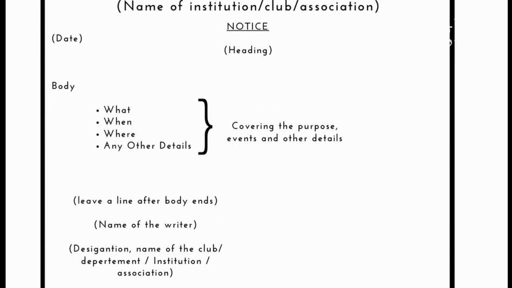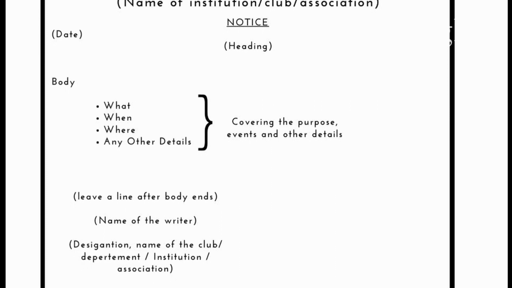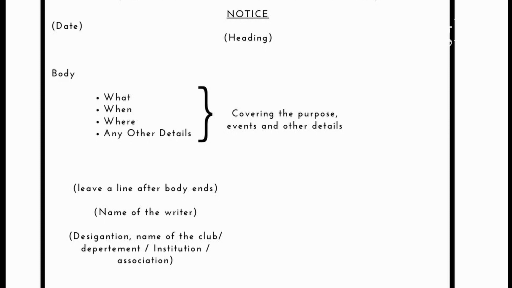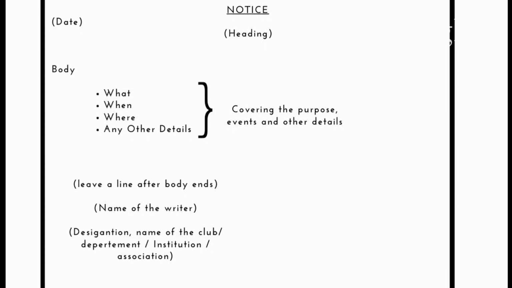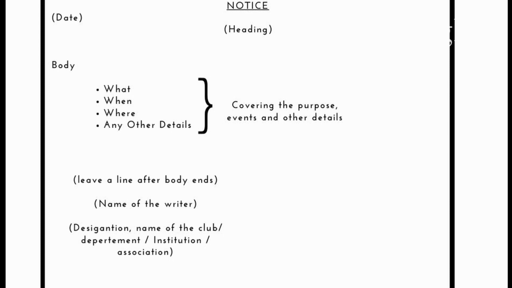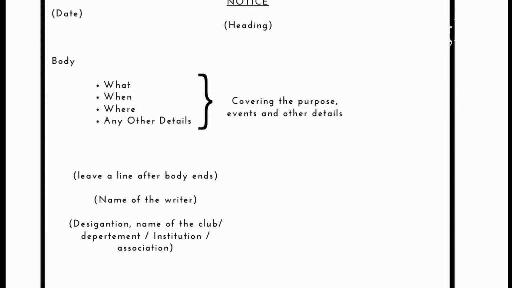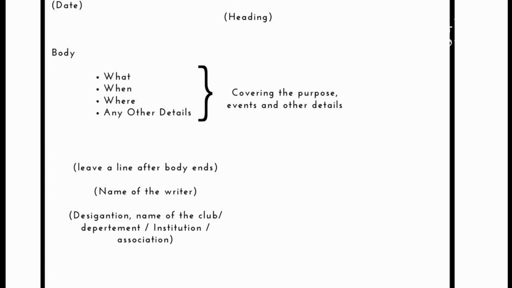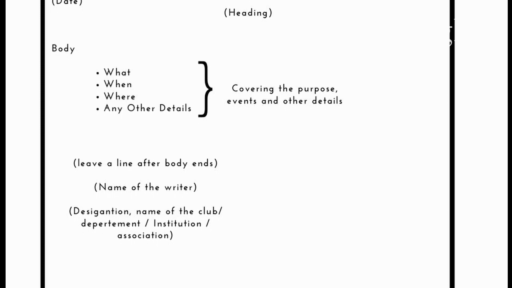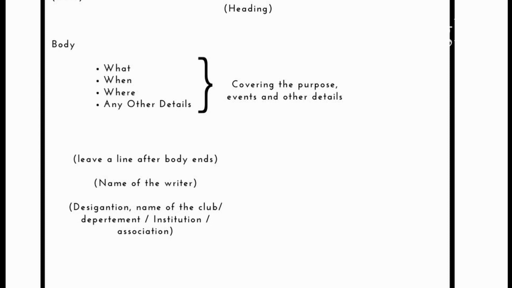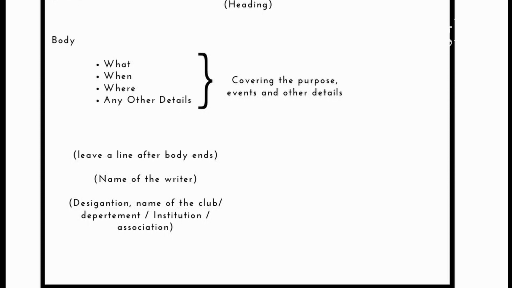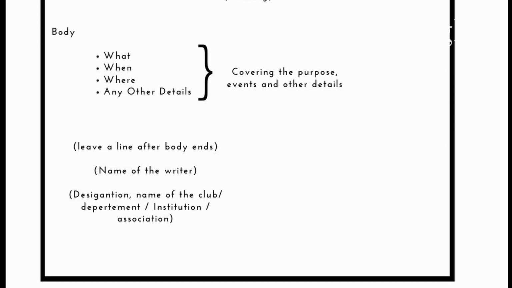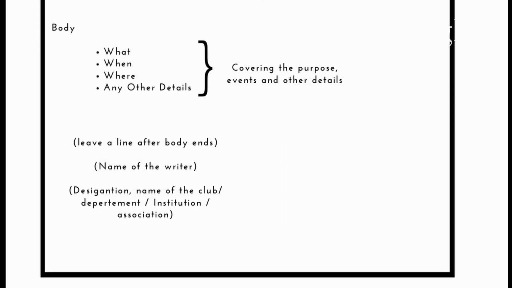We may give the date, the time, the venue. We may want to mention any last date before which the thing has to be completed. We can mention the name of the concerned person whom to contact for further details or for giving the names or for that matter any other information, and that's how the body has to be completed in 50 words.